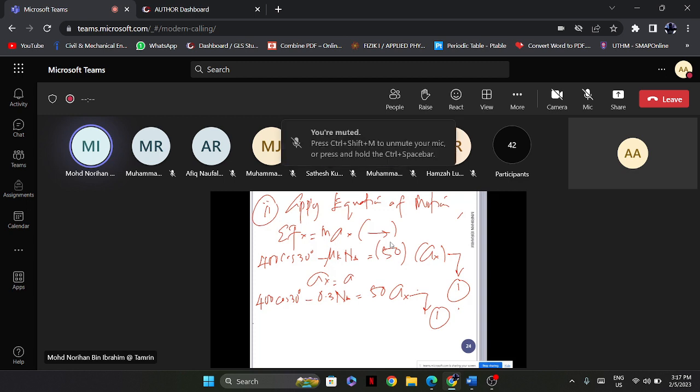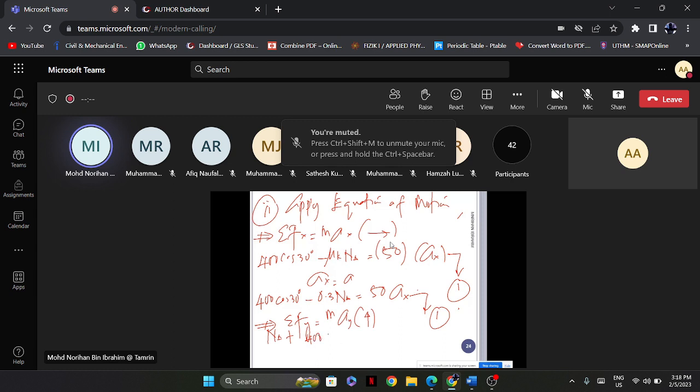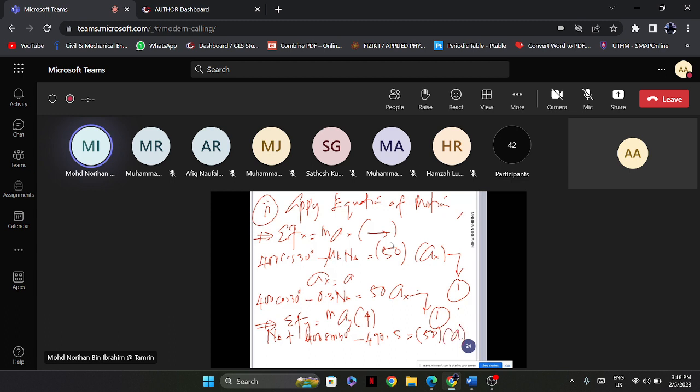Let's consider the y direction. Sum of Fy is equal to m a y. So N A plus 400 sine 30 degrees minus 490.5 is equal to 50 a y, which in this case a y is equal to 0.